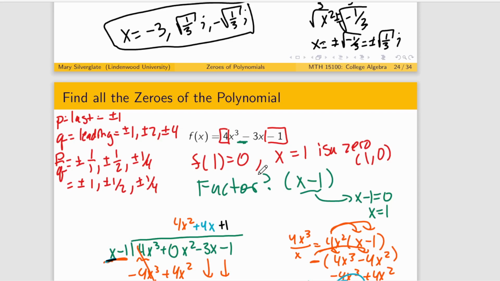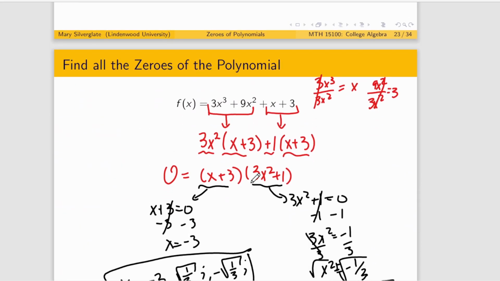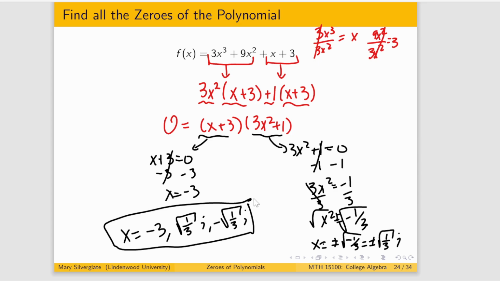When I had a different example earlier, we had a degree 3 polynomial where I could have also written that as x plus 3 times x minus the square root of 1/3 i, x plus the square root of 1/3 i. That would be the extra way of writing it with non-real coefficients, but that would be again a degree 3 polynomial with 3 parentheses.